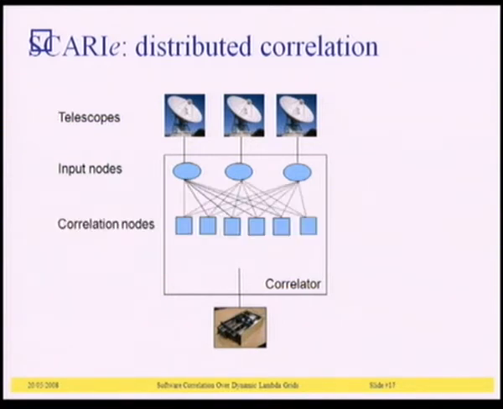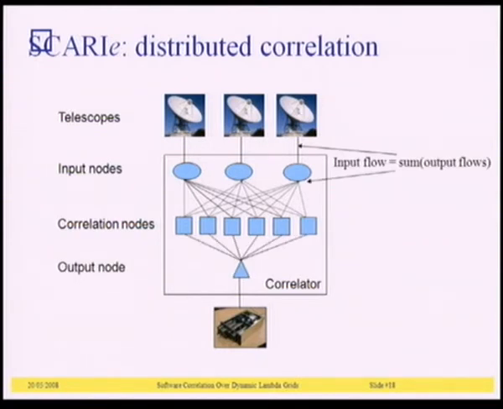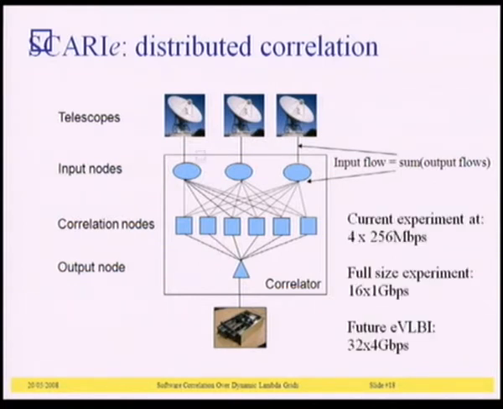These time slices are then sent to the correlation nodes that do the correlation step for you. And finally, the output node just gathers the results of the computation. Here we can see that the input flow is equal to the output flow around an input node. It's also interesting to see that the output flow after correlation is nearly nothing compared to the input flow.